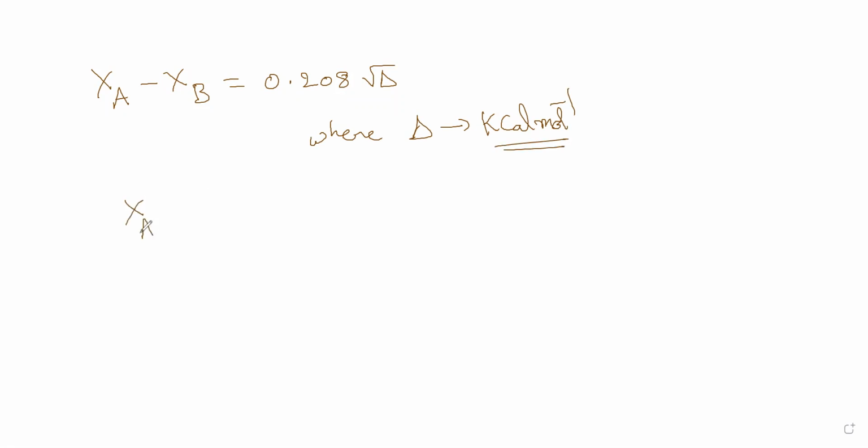X_A minus X_B is equal to 0.208 root delta, where delta is expressed in kilocalories per mole. And X_A minus X_B is equal to 0.1017 root delta, where delta is expressed in kilojoules per mole.